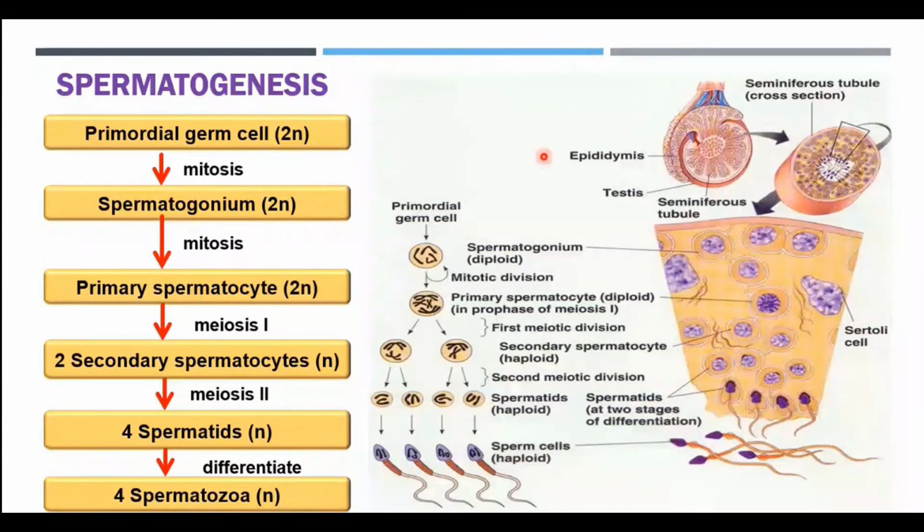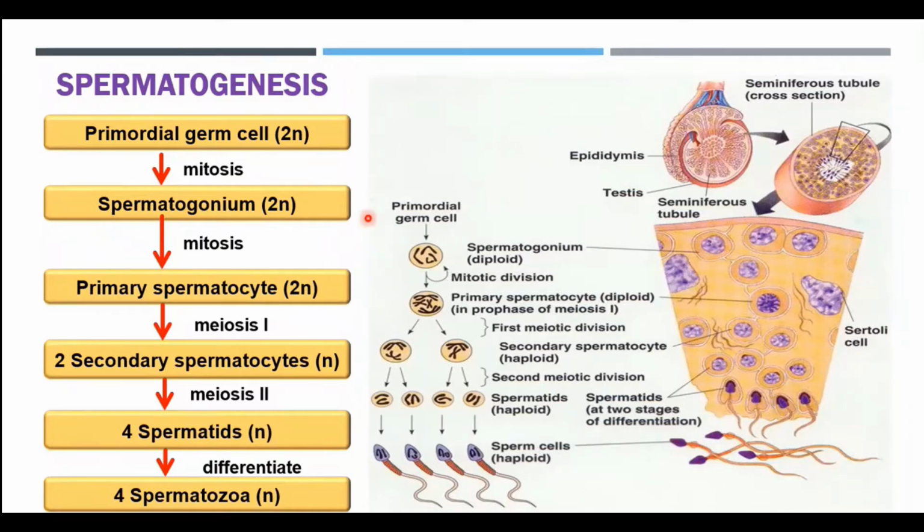Of course, the primordial germ cell is diploid, the same as the ploidy of the embryo itself. Then the primordial germ cell undergoes mitosis in order to produce the spermatogonium. This actually happens when the human male reaches puberty.